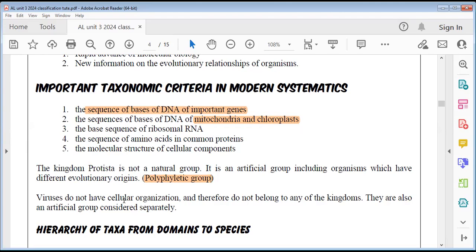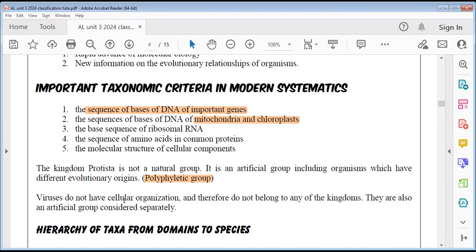Domain Eukarya means eukaryotic organization. A group that doesn't have cellular organization, will it fall into any one of these? No. So without classifying that one into phylum, kingdom, nothing, those things are there for virus. Virus is staying as virus.